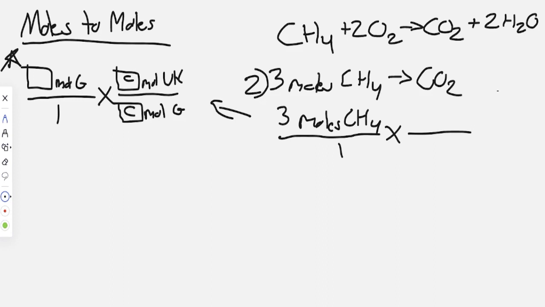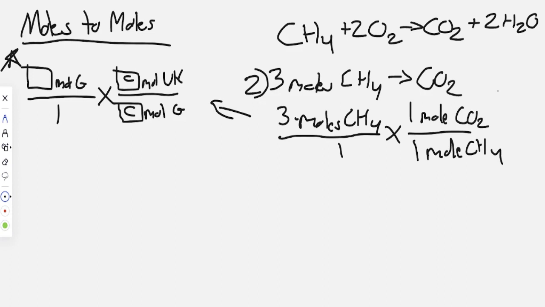For CH4, there's nothing in front, so we would just leave it as 1 mole of CH4, and there is nothing in front of the CO2, so it will be 1 mole of CO2.